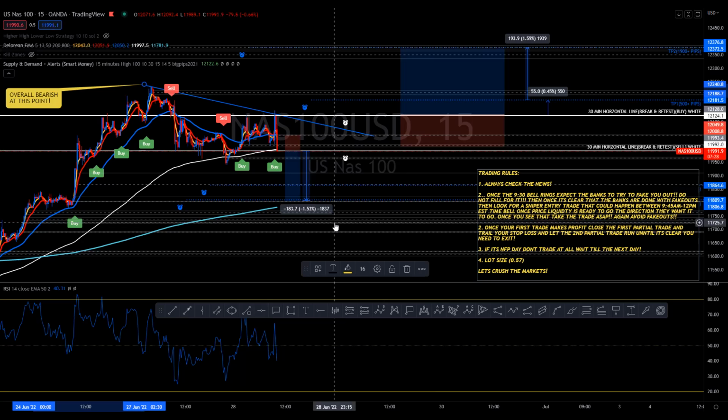I'm going to see a little bit more. Yeah, it's pushing through. Let's see a little bit of a wick though. It's pushing back a little bit. Yeah.